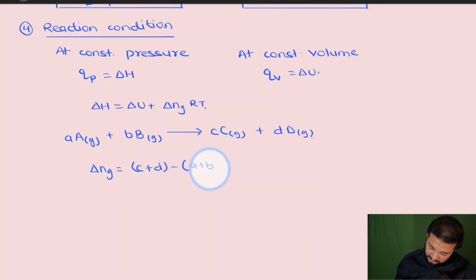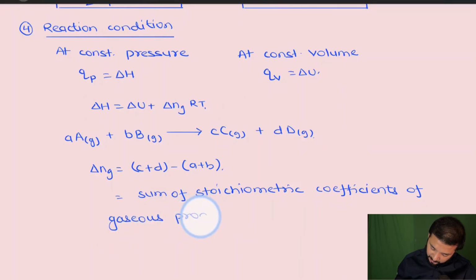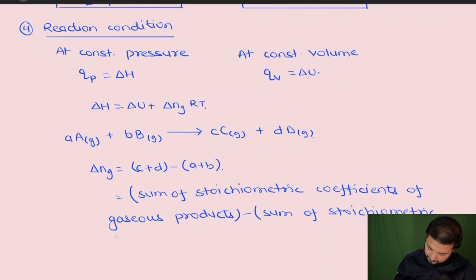It means it is the sum of stoichiometric coefficients of gaseous products minus the sum of stoichiometric coefficients of gaseous reactants.